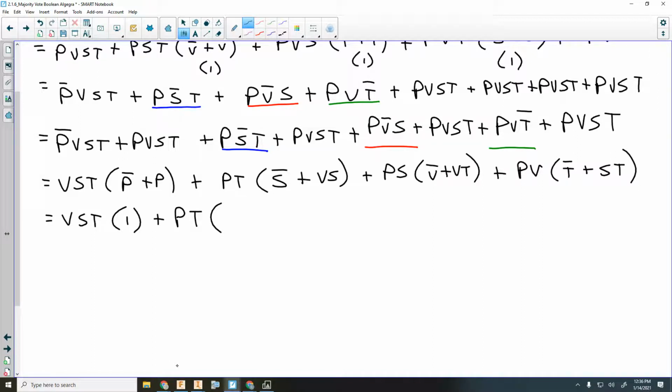Each one of these is consensus. So S naught or VS will simplify to S naught or V. And then we have PS and V naught or VT will simplify to V naught or T. And then we have PV and T naught or ST will simplify to T naught or S.